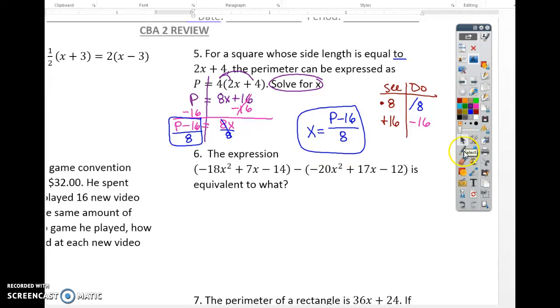And you would look for something like that as one of your answer choices. If, let's say, the answer is not there, what do you do? You have to divide the p by 8, and you have to divide the negative 16 by 8. So that would be x equals p divided by 8 is p over 8. And negative 16 divided by 8, put it in the calculator.